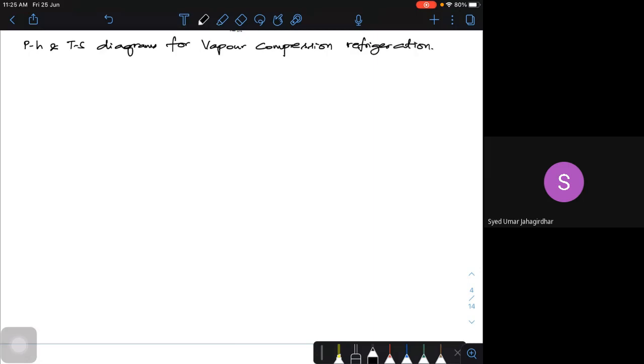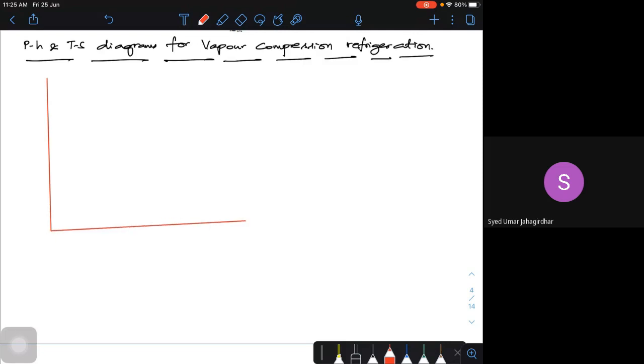This is what we need to understand to see how this will work. Now let's put the pH chart first, that is pressure versus enthalpy.